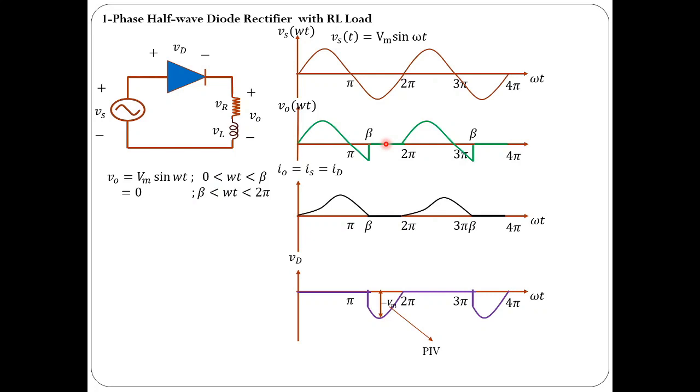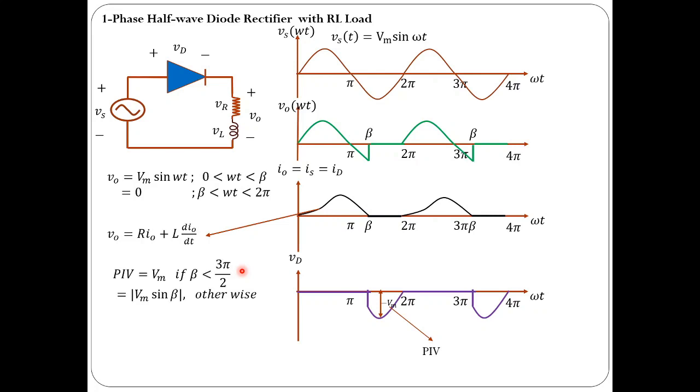Now V0 is equal to Vm sin omega t for omega t ranging from 0 to beta, and is equal to 0 from beta to 2 pi, right? And how do you find the mathematical expression for i0? From this: V0 is equal to R into i0 plus L di0 by dt. So solve this equation, and you will get this kind of wave shape for the load current.